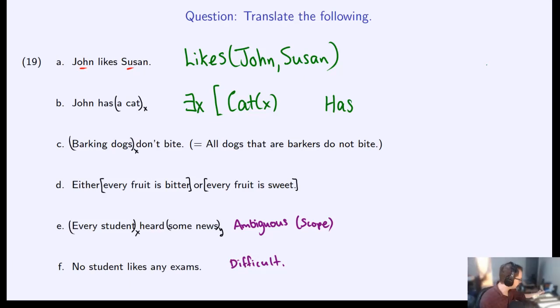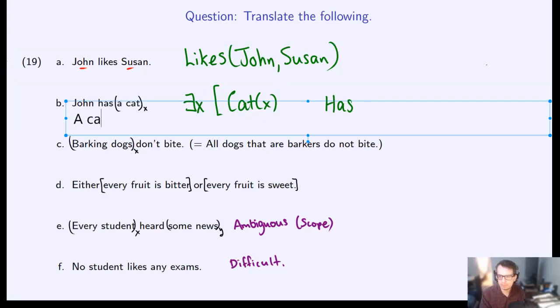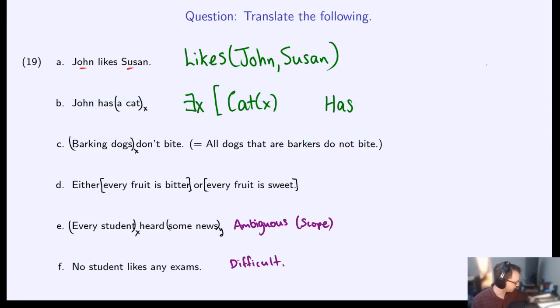And if we want to paraphrase it, we can say there exists an X such that X is a cat, or exists an X, cat X, and has John X. So John has that cat. And again, we use X here to represent the cat because we've established X as being a cat before. So that X is just pointing back to that cat.